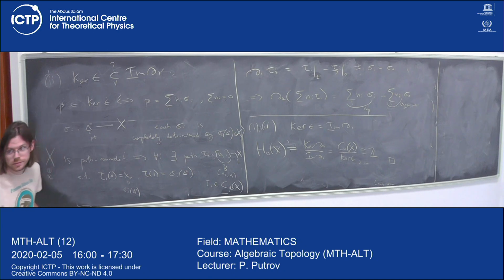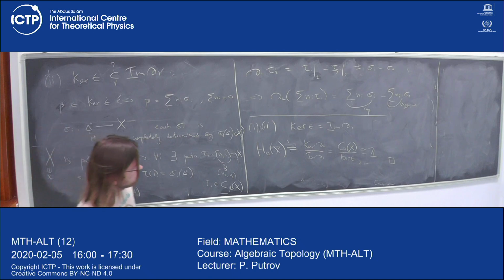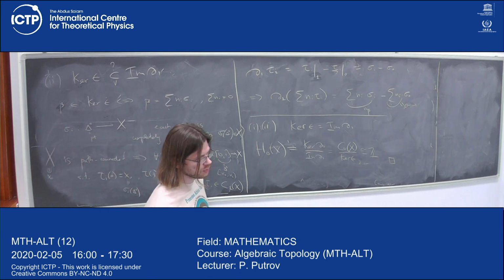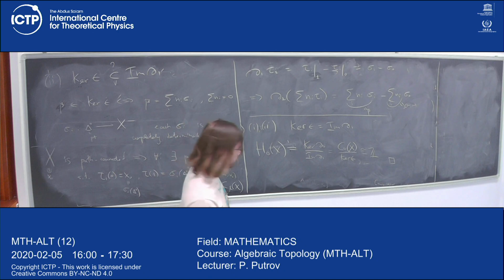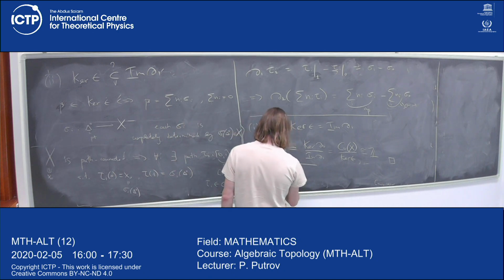Questions? This d0, how is it defined? It's defined by 0 being 0. Well, I wrote here, the sequence was like this.